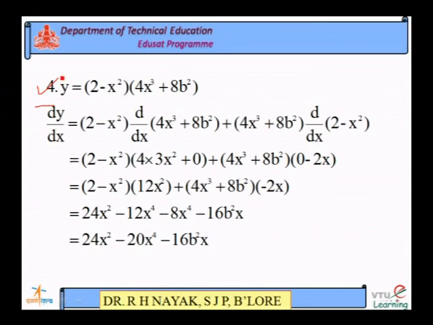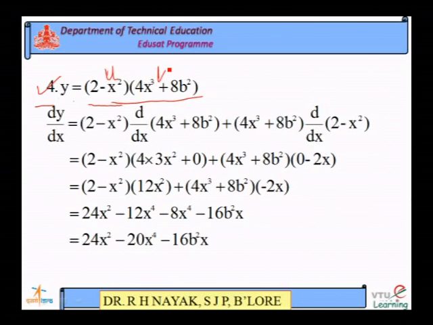Look at the problem: 2 minus x square into 4 x cube plus 8 b square. Of what type is the problem? Plus and minus are there, along with 2 brackets. When they are given in terms of brackets, you can take them as u into v.